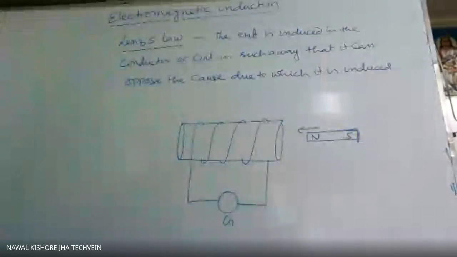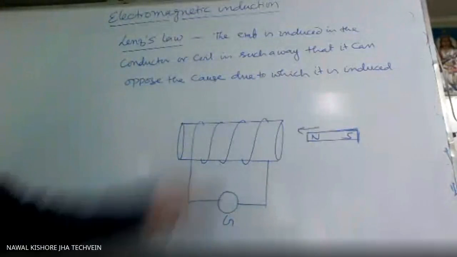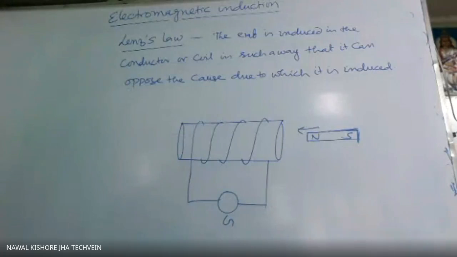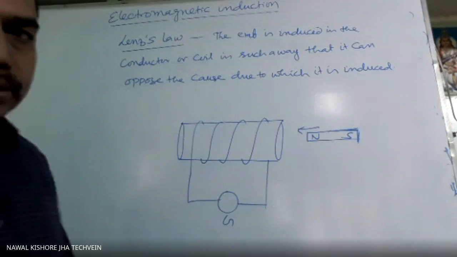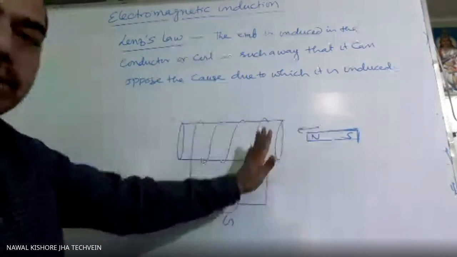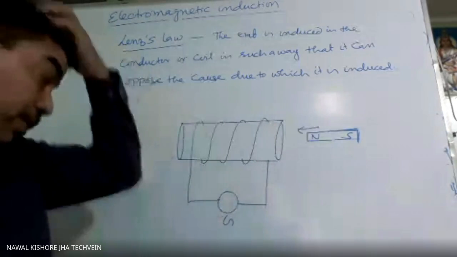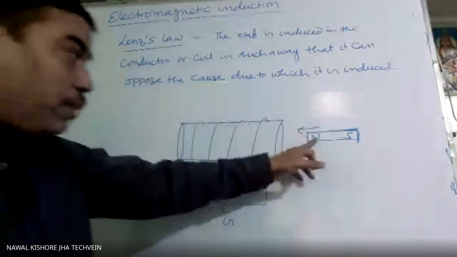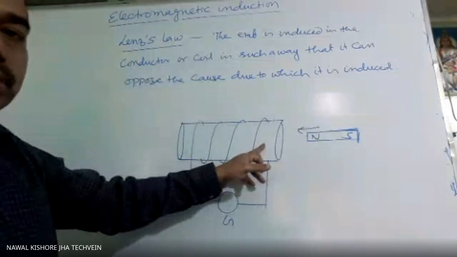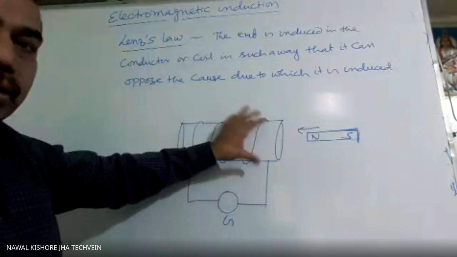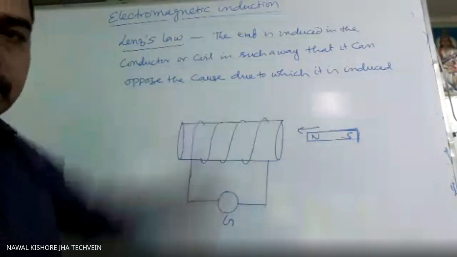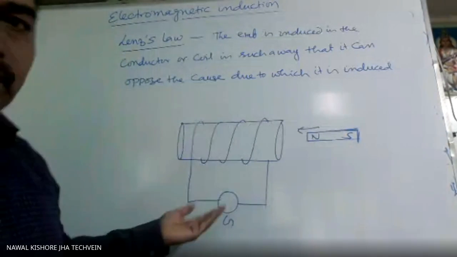Now when magnet starts moving towards the solenoid, the flux starts increasing. There is change in flux. If magnet comes here and is stationary, no EMF will be induced because there is no change in the flux. So when magnet starts moving towards this solenoid, the flux linked to this solenoid increases. Now EMF will be induced.